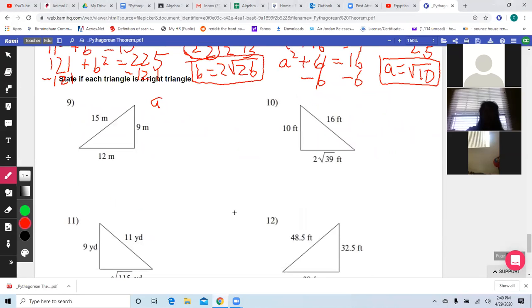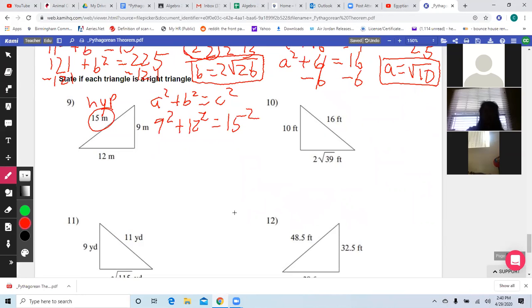So the way we're going to do this is the same way we've been doing all of our problems. You start with a squared plus b squared is equal to c squared. And remember, the hypotenuse is always the largest side. So this is going to be 9 squared plus 12 squared is equal to 15 squared.